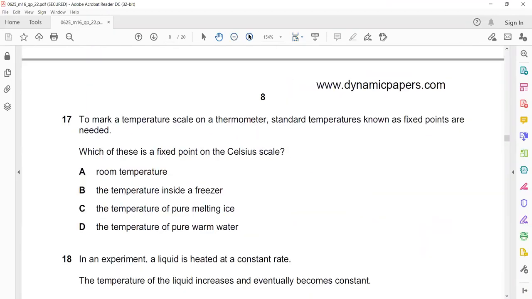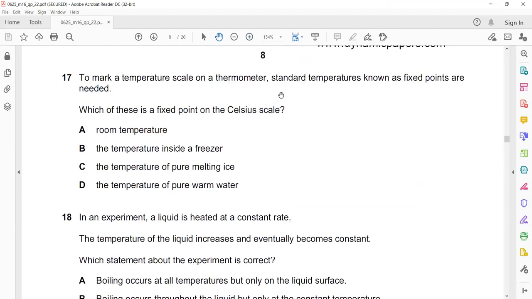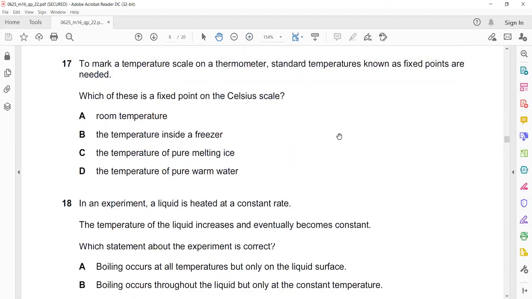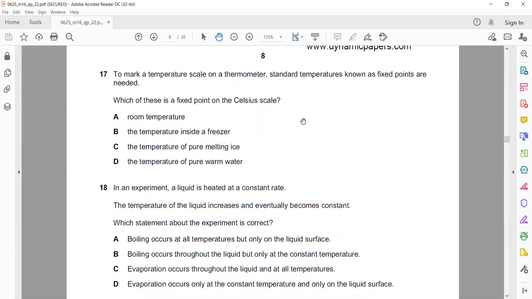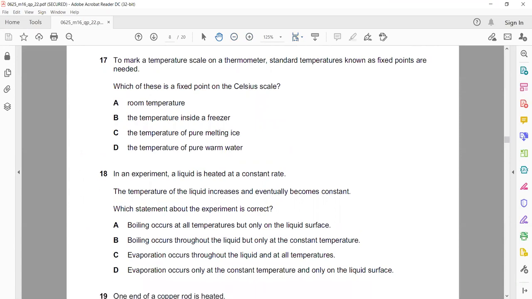Question 17. To mark a temperature scale on a thermometer, we need a standard temperature known as a fixed point.